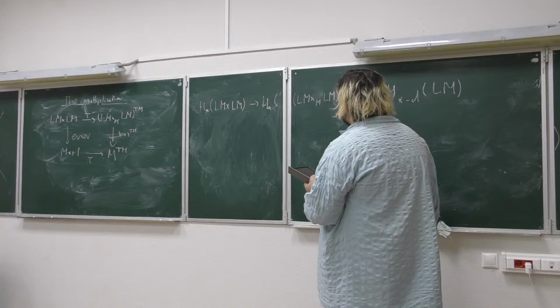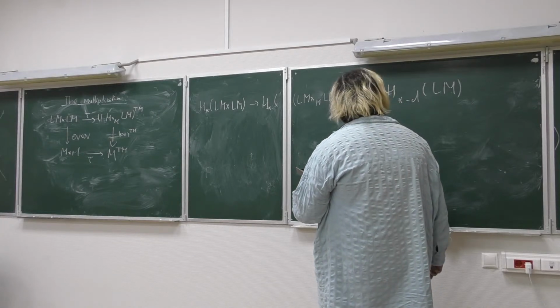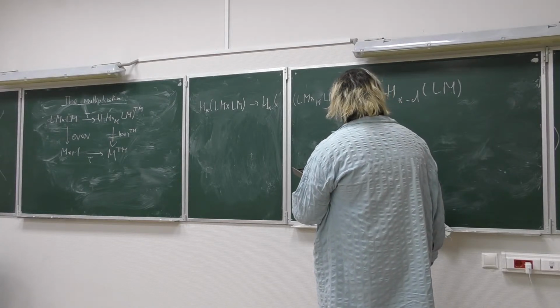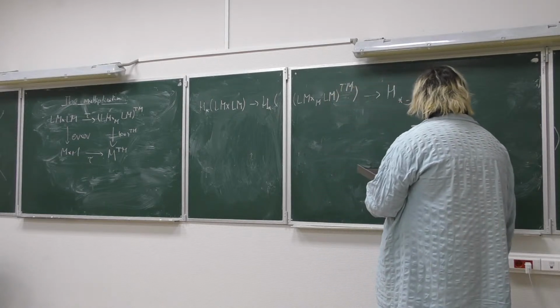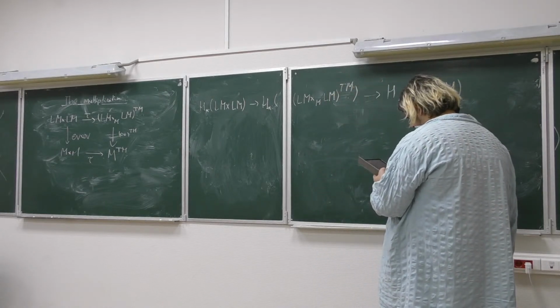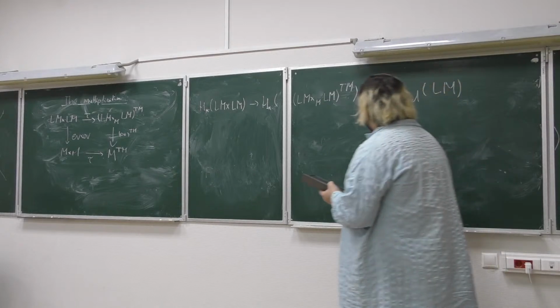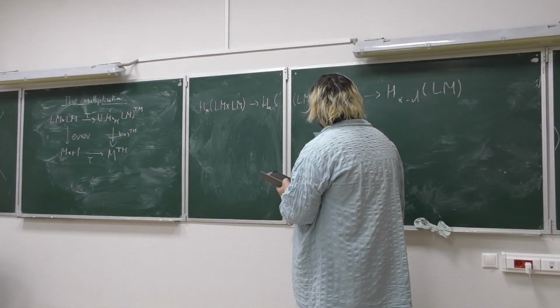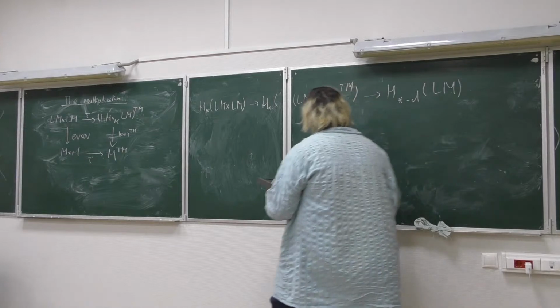Okay, so this corresponds to taking a cycle. Well, wait a second. Okay, so the first arrow is just tau star, isn't it? Yes.